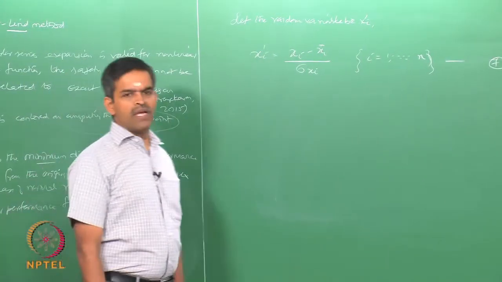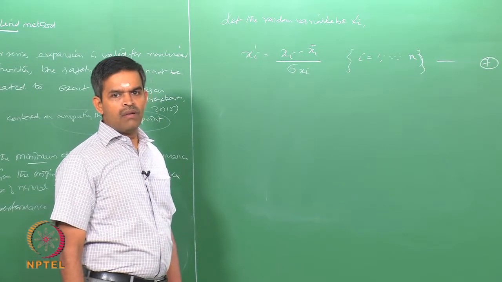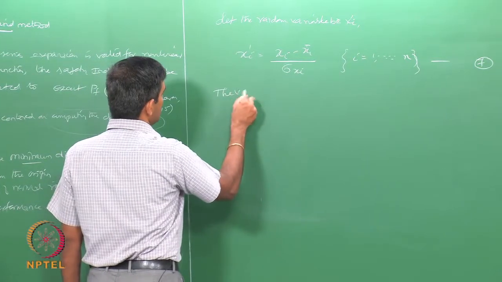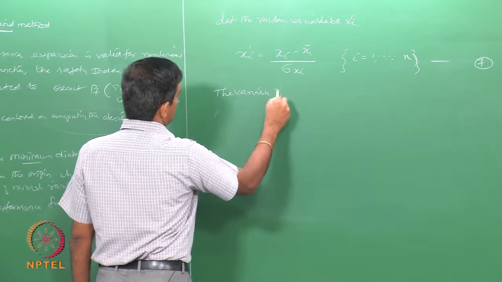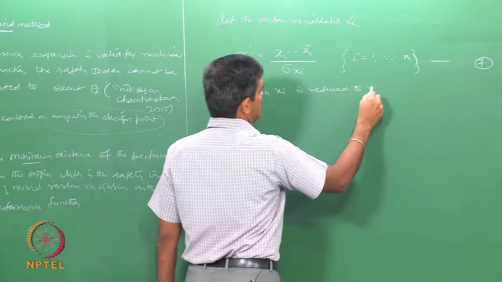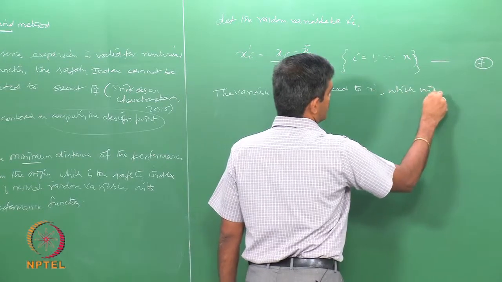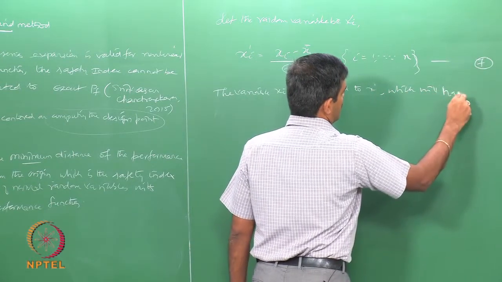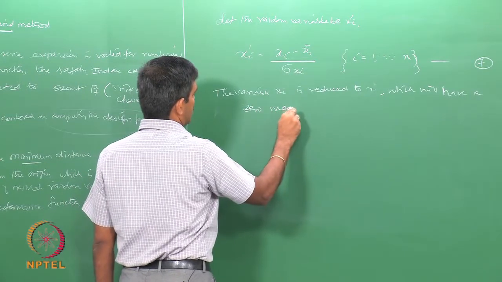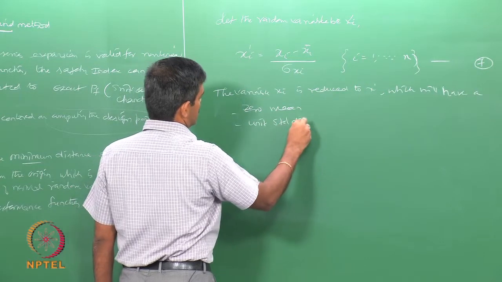Now, what we have done is, we have reduced the variable to have a 0 mean. So, the variable xi is reduced to x prime, which will have a 0 mean and unit standard deviation.